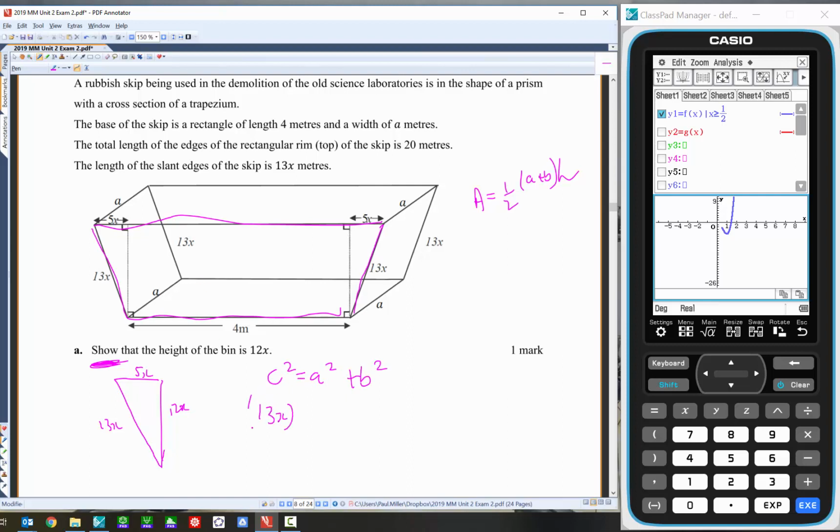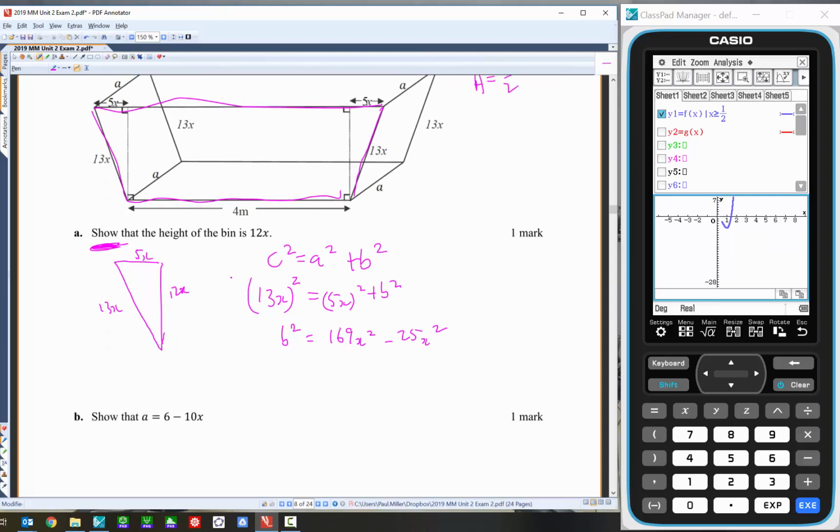That's (13x) all squared, very important, those brackets there, equals a squared, which is (5x) all squared, plus b squared. So b squared is equal to 169x squared take away 25x squared.